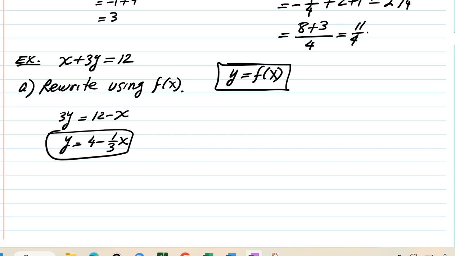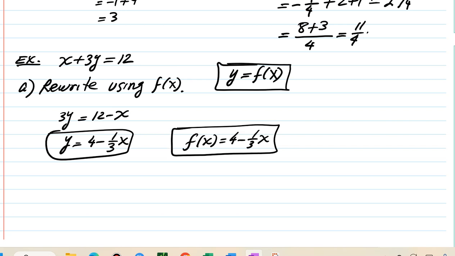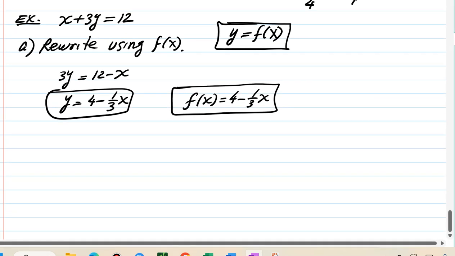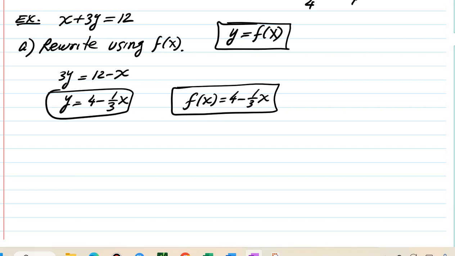At this point, we just replace y with f of x, so that f of x is going to be 4 minus 1/3 x. If you write it as negative 1/3 x plus 4, that's also fine. If you go negative x over 3 plus 4, that's also fine. I'm just writing it the most common way it appears in textbooks. And there you have it, using f of x.